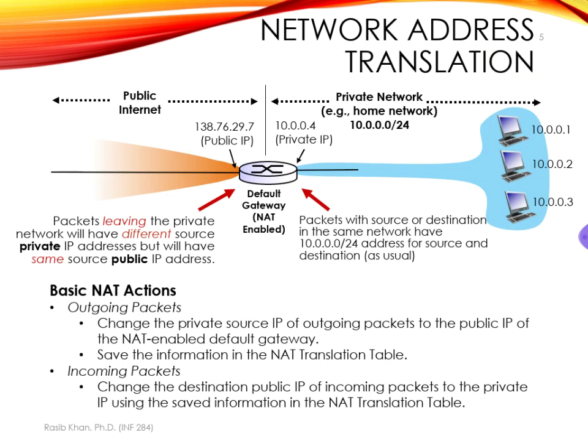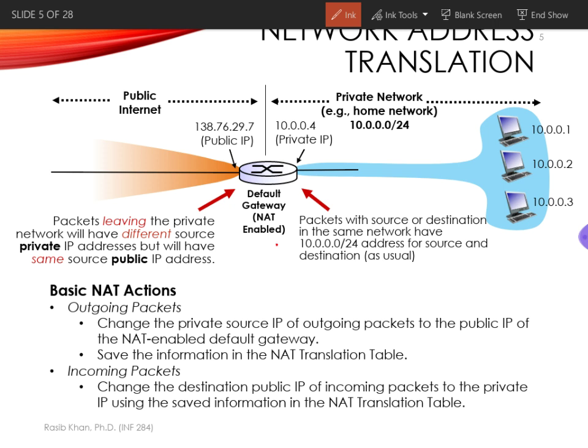So a quick idea on the NAT protocol. If we have the default gateway, which is NAT enabled, and on the right we have the private network, and on the left we have the public internet. So the default gateway on the inside interface will have a private IP, which is assigned from the private IP ranges.